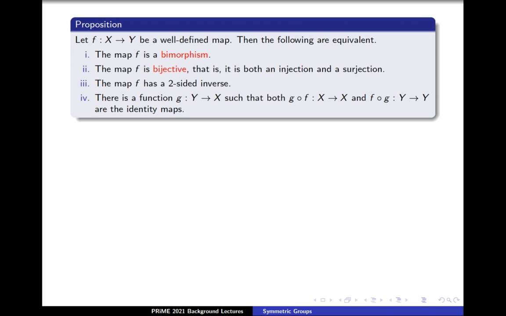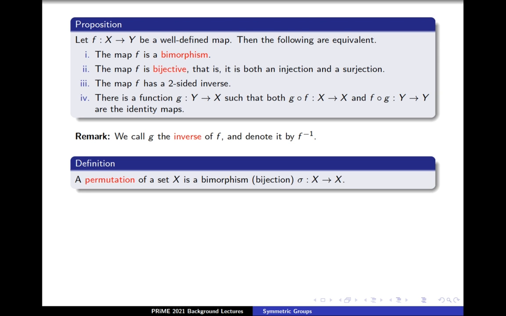This says that there is a function g from Y to X such that both g composed with f from X to X and f composed with g from Y to Y are the identity maps. We call g the inverse of f and denote it by f to the negative 1, or f inverse.